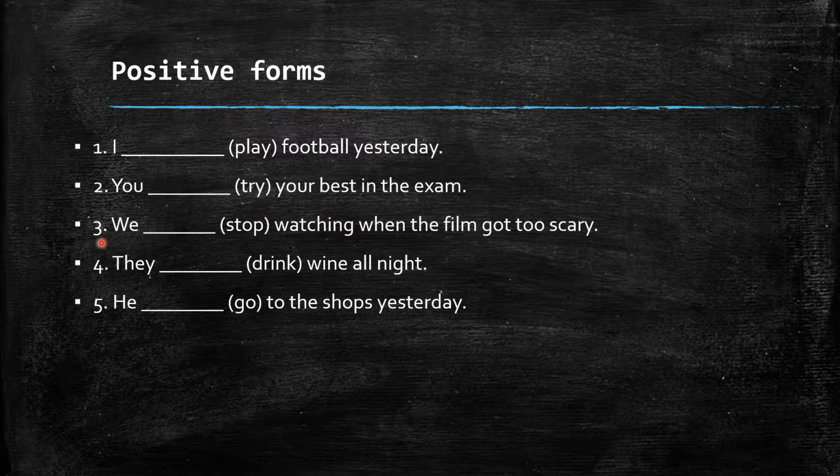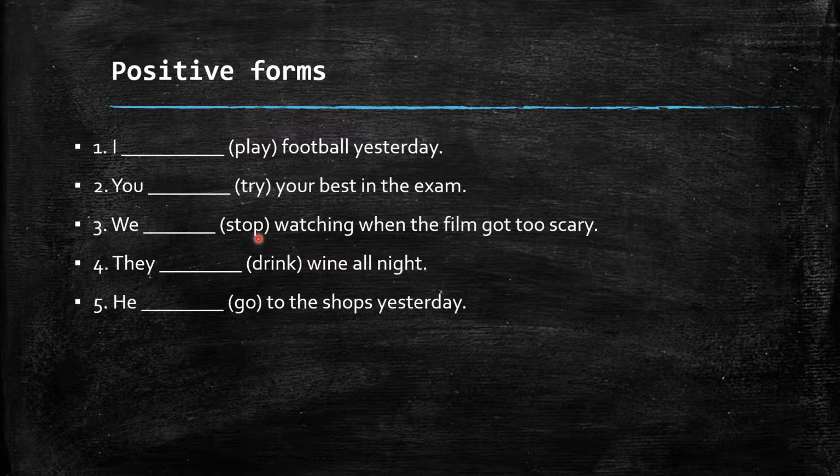For number 3, we, the verb is stop watching when the film got too scary. So with this one here, this is a tricky one. This is the most common mistake I find. So if you have a look at the last 3 letters, we've got a consonant, a vowel, a consonant.